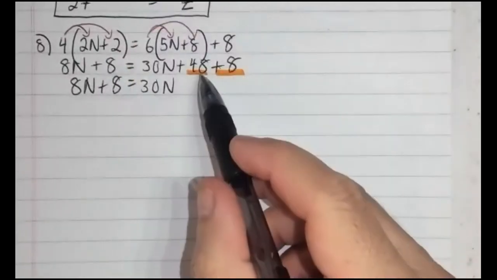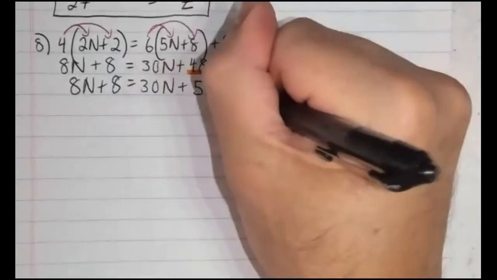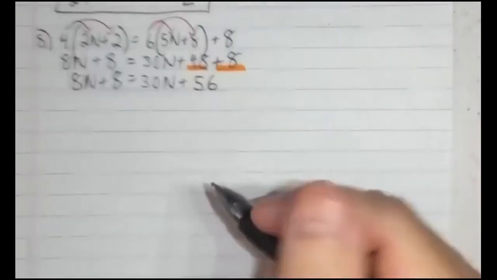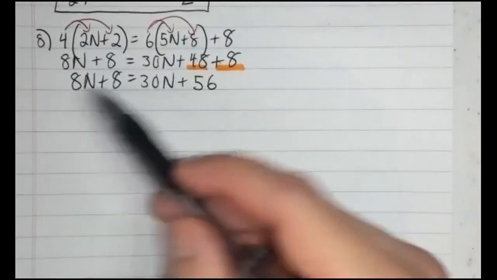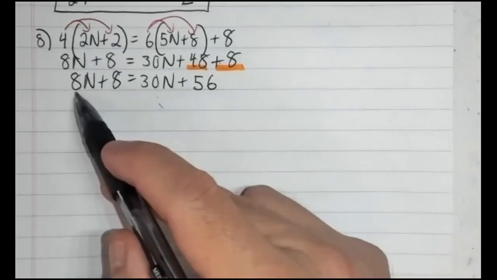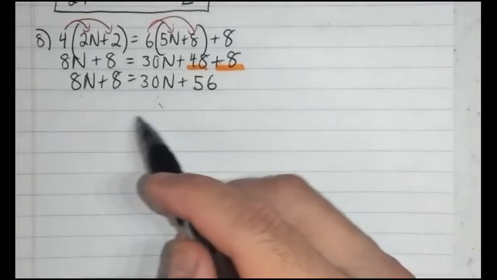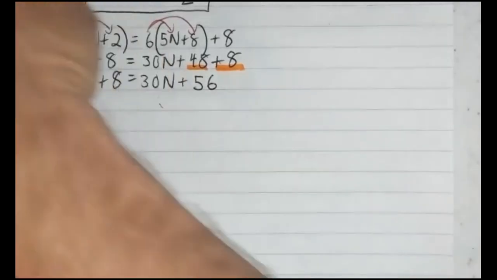I want to make sure they're simplified. So I go 48 plus 8 gives me 56. So again, now is when I want to either subtract the 8n from both sides or subtract 30n from both sides. I have to get rid of one of those variables. I prefer not to have a negative as my variable. So I'm going to get rid of the 8n.